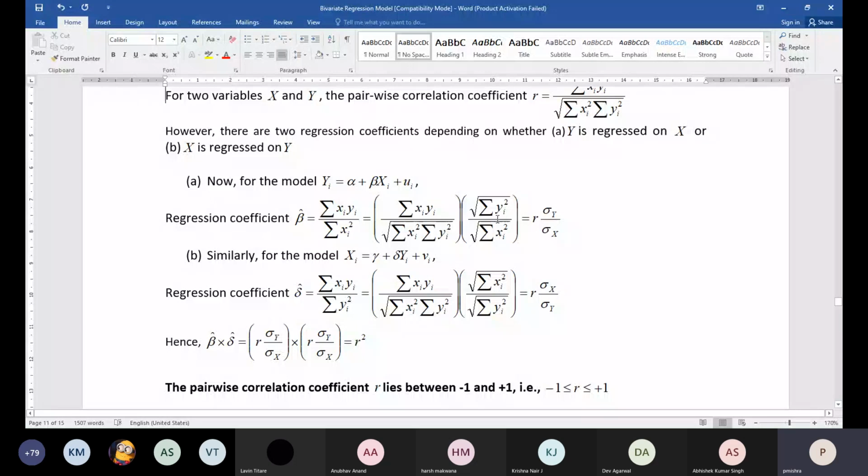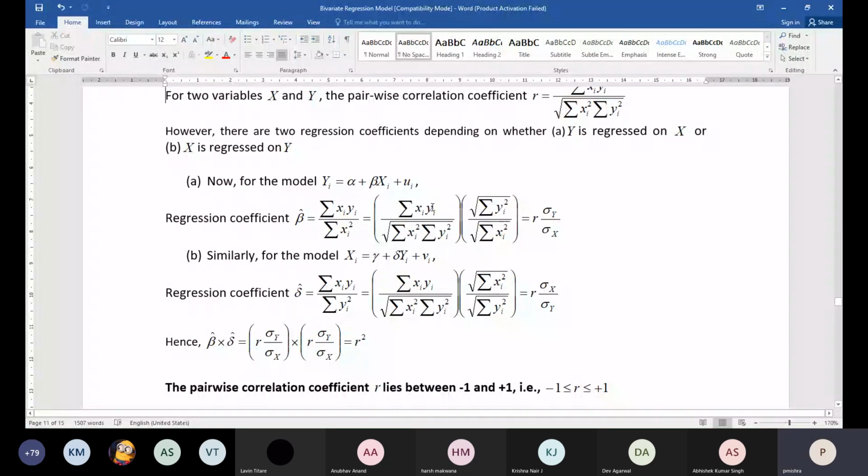We are just splitting this summation of small xi square into two components. One is square root of summation of small xi square into square root of summation of small yi square, and then we are multiplying by this, which gives me the correlation coefficient.